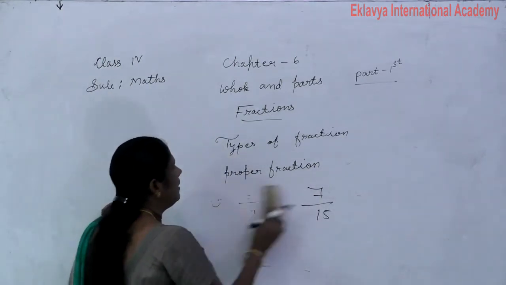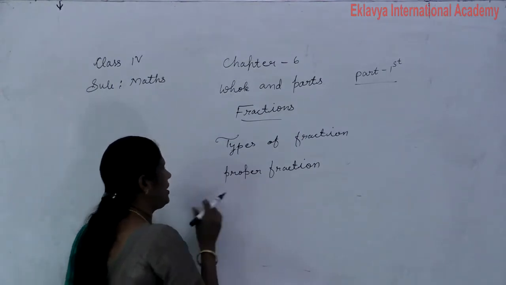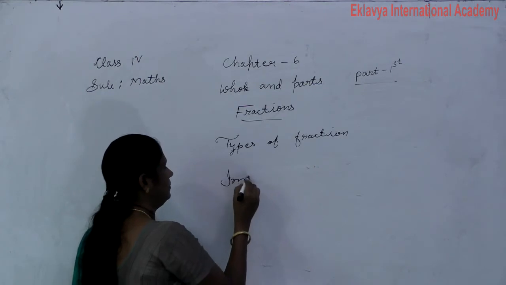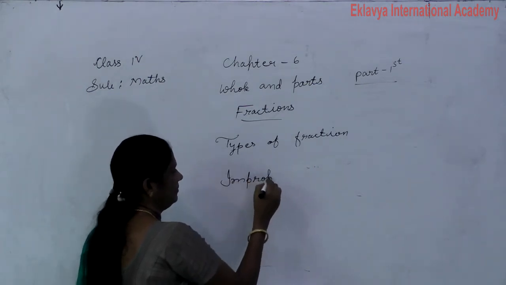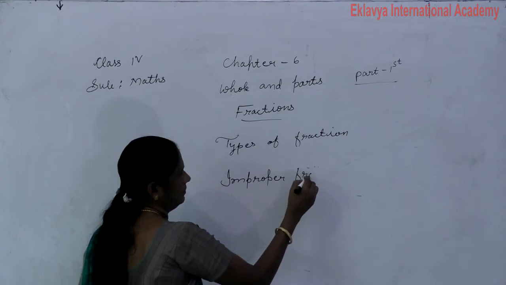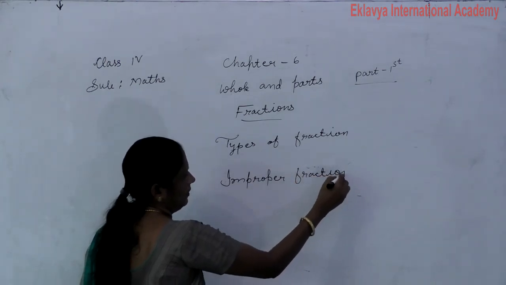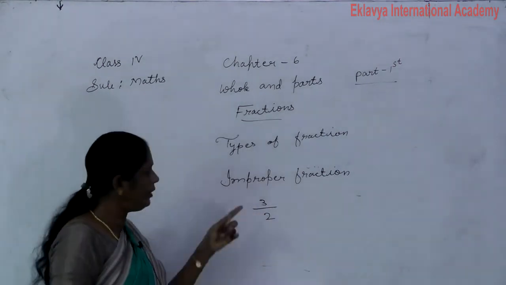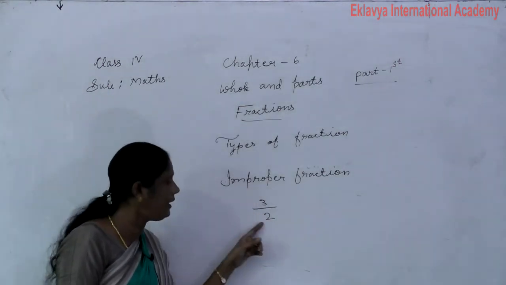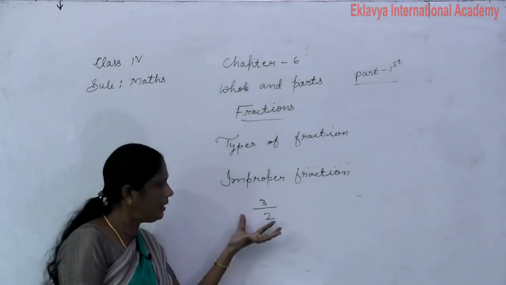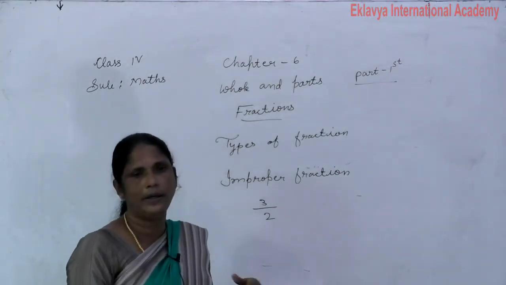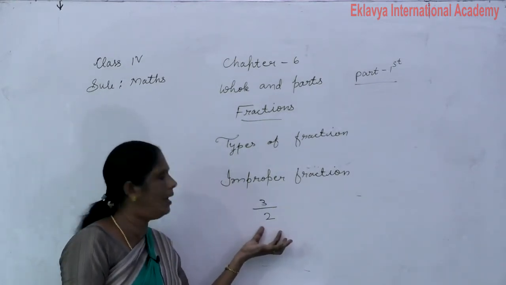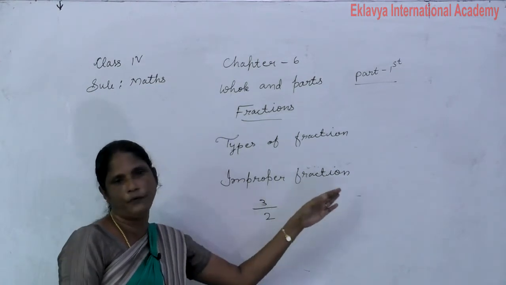Then improper fraction. Here, when the numerator is greater than the denominator, that fraction is called improper fraction.